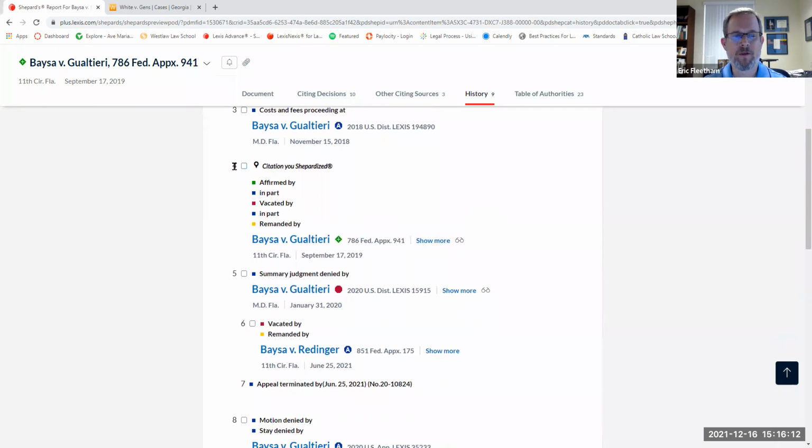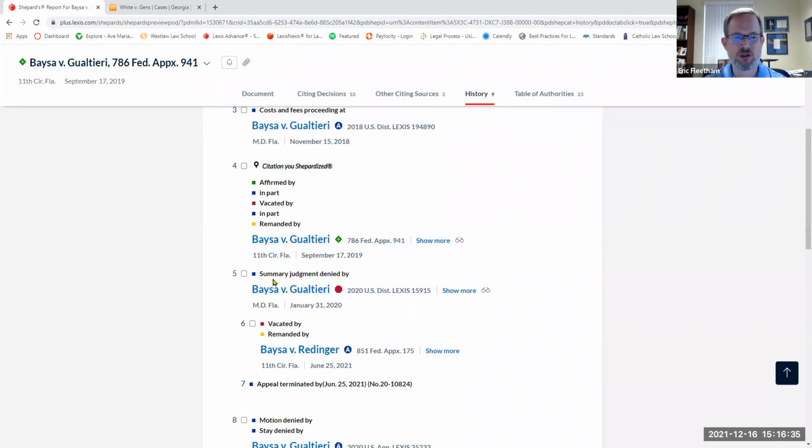All right, so let's scroll down. And here it is, number 4. This is the citation we were looking at, the case from the 11th Circuit Court of Appeals, September 17, 2019. So the subsequent decision for that would be from a United States District Court.